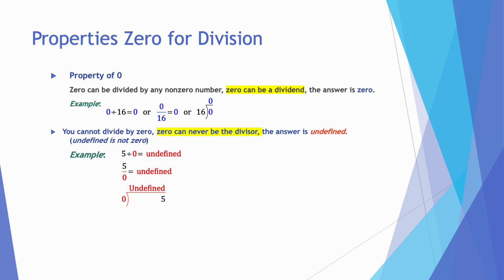Okay, undefined is a perfectly good answer. Again, you cannot divide by 0. I've had students always seem to get these two mixed up. 0 can be the first number. It can be a dividend. Okay, it cannot be a divisor.